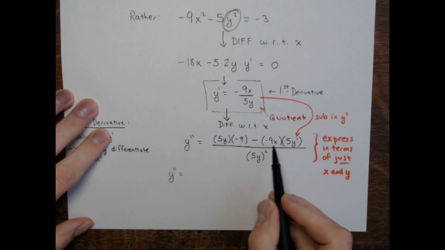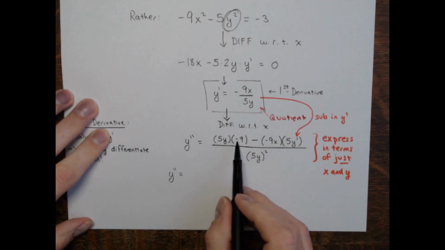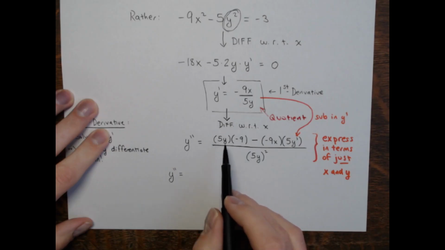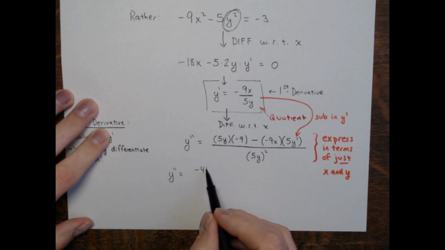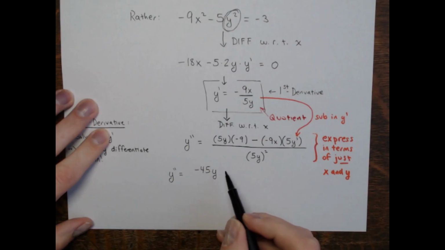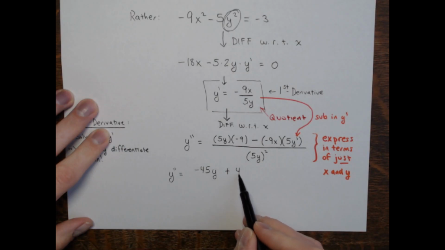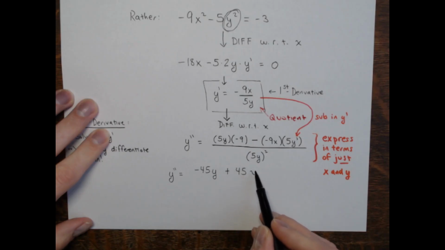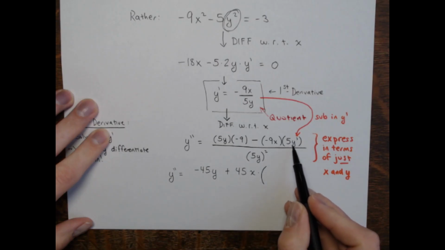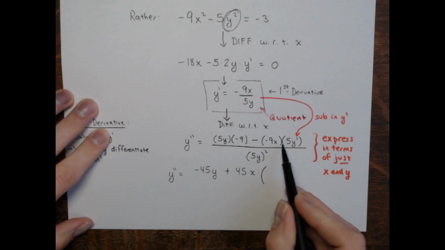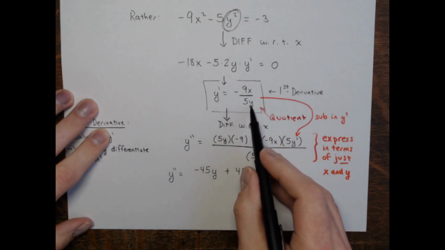So in my derivative here, after applying the quotient rule, I'll do some simplifying. This is negative 45y, then plus, negative 9x times 5 is negative 45 times x times y prime. It'd be 45xy prime, but again, I'm going to make this substitution.